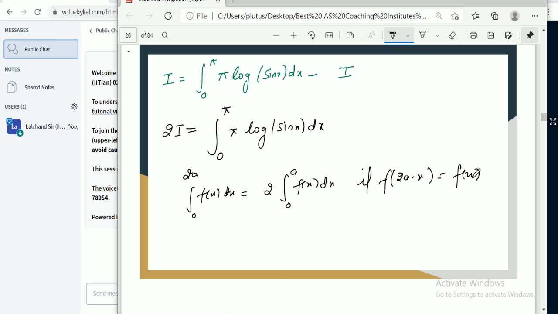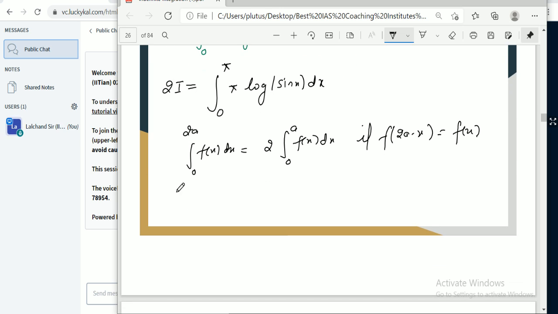Now if we apply this property, so can you solve this now? Okay, if we apply this property, then finally we have 2I equal to twice into pi log of sin x dx from 0 to pi by 2.